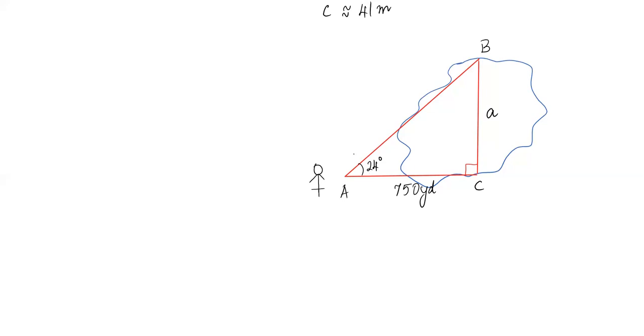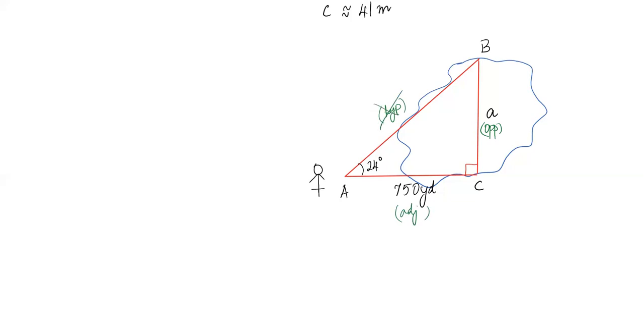Because this is the angle that's given to us, 24 degrees, look at its opposite side. So A, the missing side, is the opposite side. And the opposite side of C is the hypotenuse. And this must be the adjacent, 750 is the adjacent. Now, again, look for a relationship between opposite and adjacent, because there is no information on the hypotenuse.